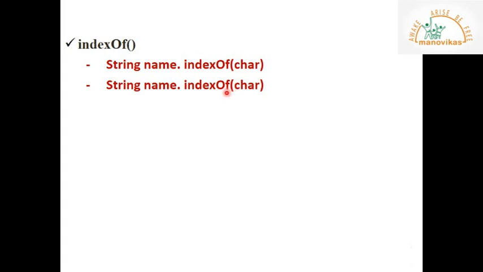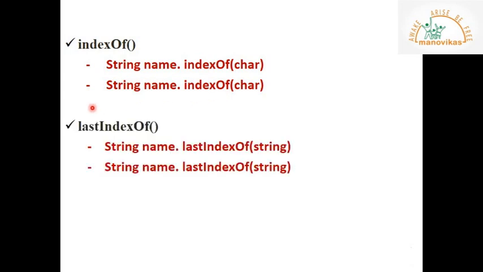But suppose you want to find out the last index, there is a function called lastIndexOf. LastIndexOf will display the last occurrence of the character or the substring which we are searching for. But there is no function which can display the occurrence of any character in between. But we have functions which can display the first occurrence and the last occurrence of the character or the string.